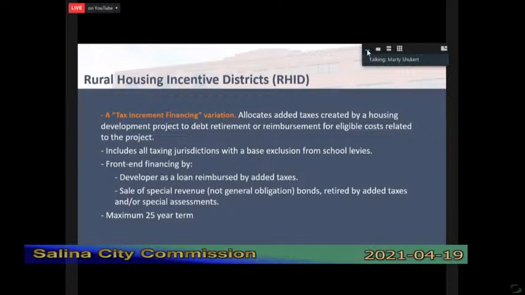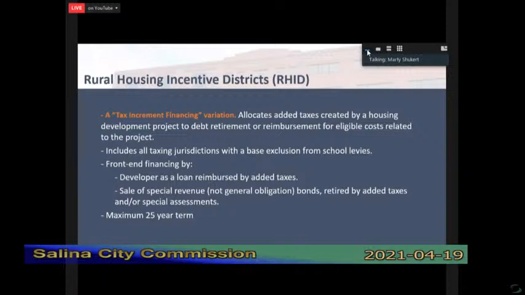It provides front-end financing, basically in a way like selling revenue bonds. So a developer can put money up front and then be paid back by the added taxes created from the project. That's not an uncommon way to do either TIF or an RHID.